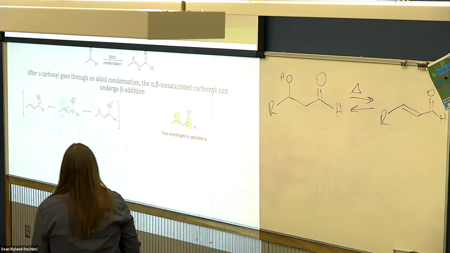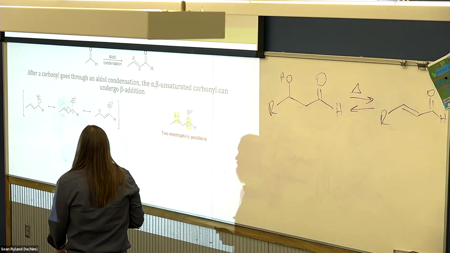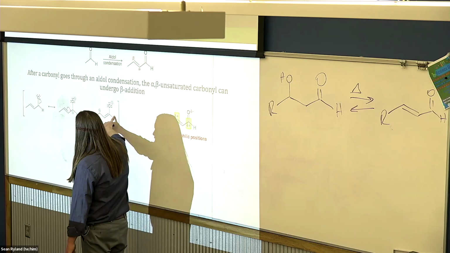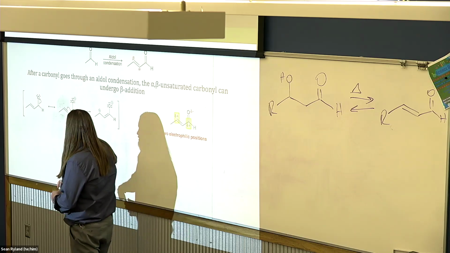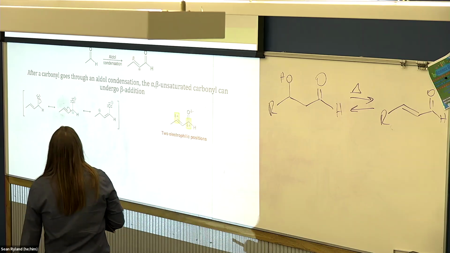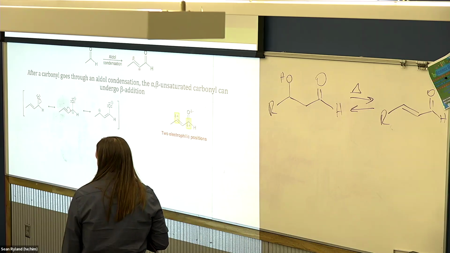Once we have an alpha beta unsaturated carbonyl, this is a really interesting reactive group because there's actually two spots that have partial positive as the resonance structure. So we have two spots where we can do an electrophilic addition.